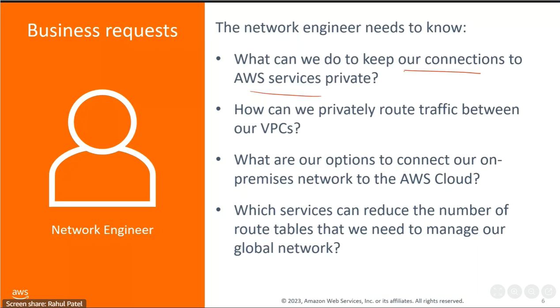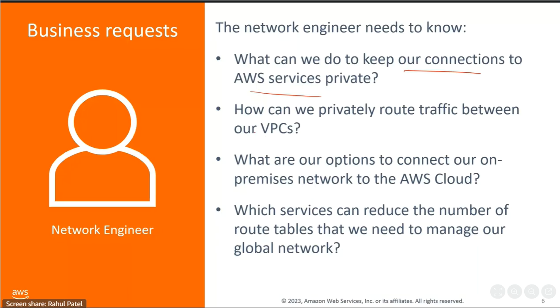So the traffic is going to travel through this dedicated backbone network and will not go over the public internet. And how can we achieve this? Which services are responsible for this? That is something we are going to understand here.